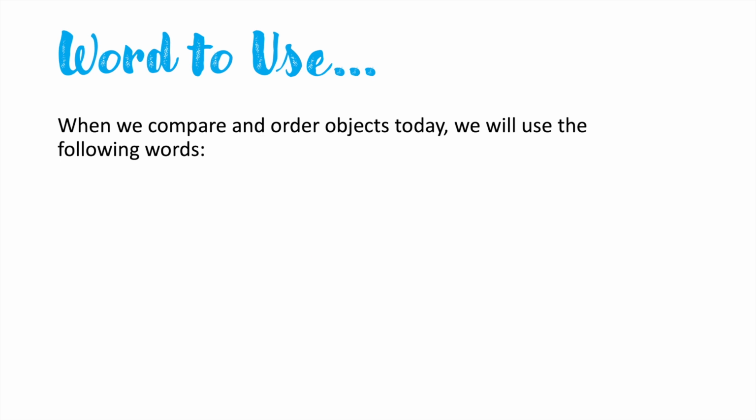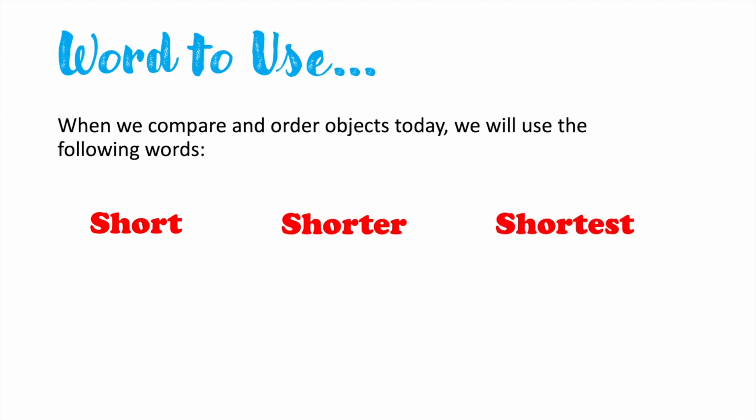The words that we're going to be using today when we compare our objects are the following: short, shorter, shortest. From these three words, which one would be the smallest object? The one with short, the one with shorter, or the one with shortest? Yes, shortest.